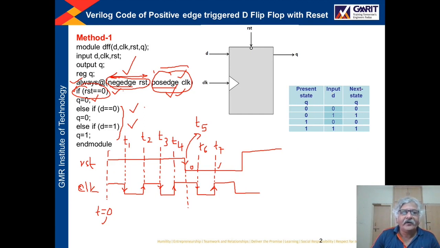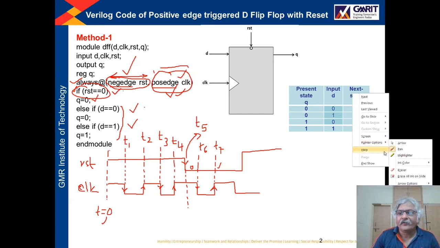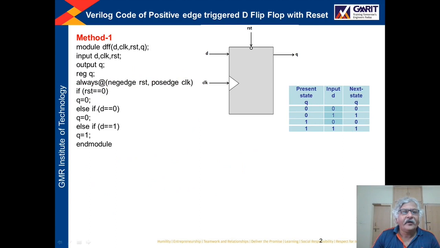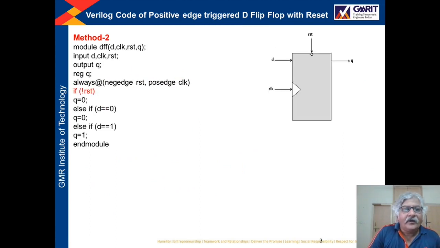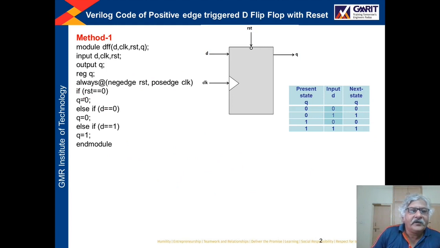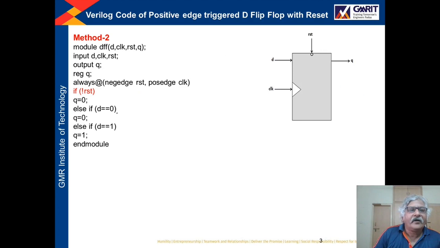Okay, so in this way, the operation of this flip-flop is modeled by using this code, whatever I have written here. Now there is another method to write this code. See here what I have written. I am checking this condition: if RST is equal to 0. So in place of writing RST is equal to 0, you can write the negate operator and RST.